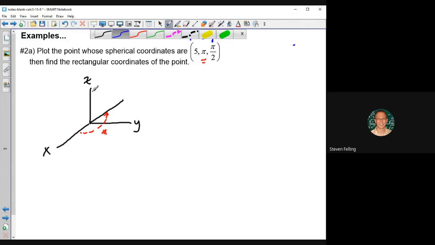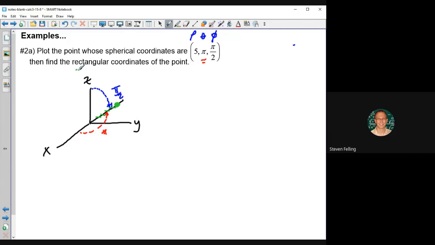So pi over 2 is down from the z-axis. So from the z-axis, we'll go down pi over 2 from there. And then we need to go a distance 5 out in that direction. So 1, 2, 3, 4, 5. So this happens to be a point that's on the negative x-axis down here, like that.